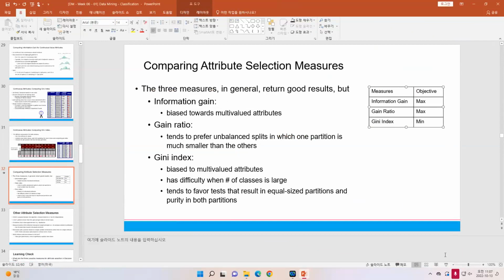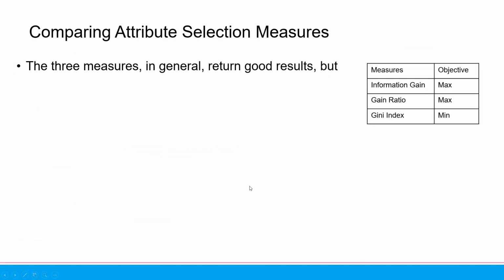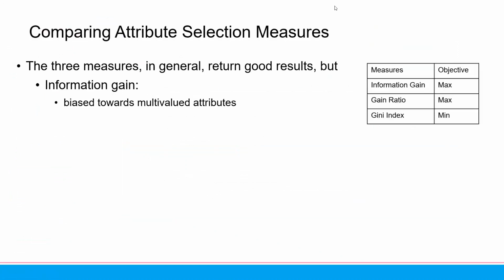Okay, Gini index, this is the minimum. And these three measures in general return good results, but the information gain, as you know, is biased toward multi-valued attributes. If the number of values is big enough, it will be biased.